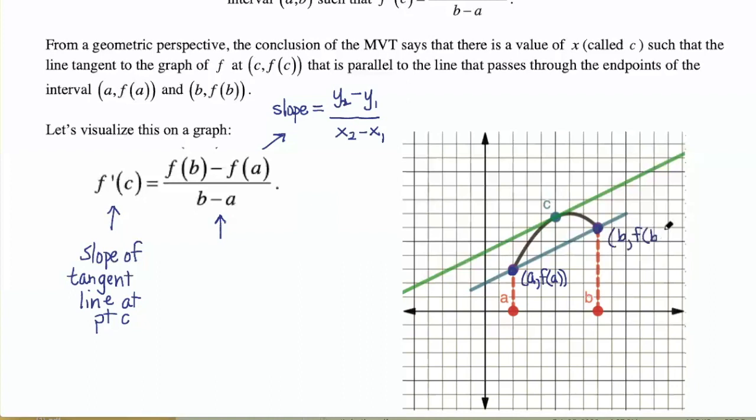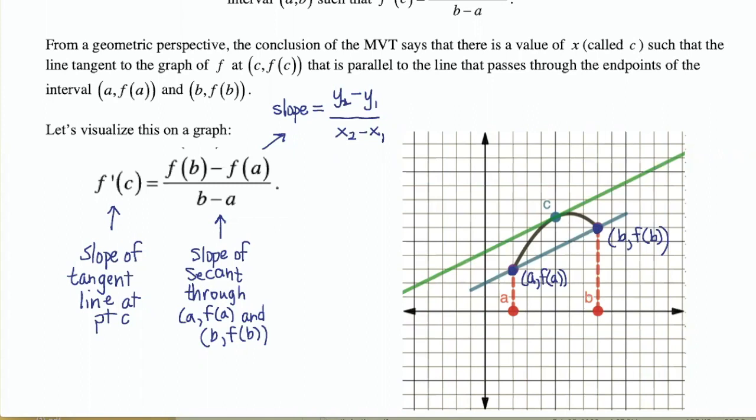And we're finding the slope, f of b minus f of a over b minus a, of the line through those points. So on this side, this is the slope of the secant line that passes through these points. So this is what we saw on the graph, that we can find a point C such that the slope of the tangent line at point C will be the same as the slope of the secant. So the formula just says in symbols what we just observed in words.